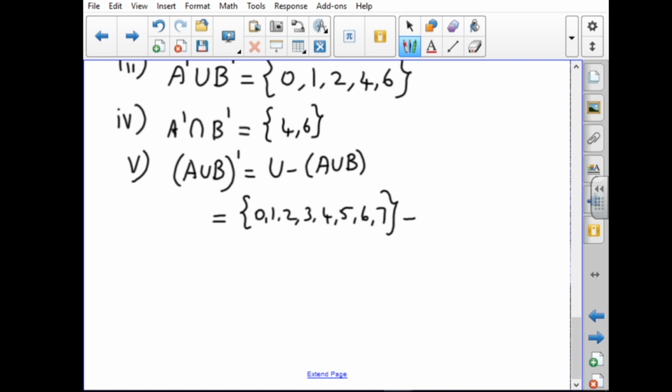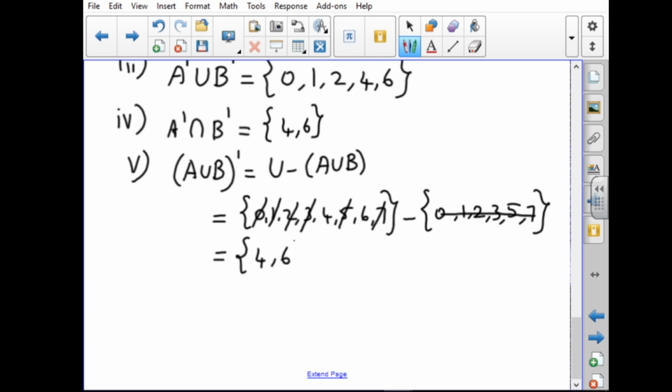Difference A union B. A union B is equal to 0, 1, 2, 3, 5, 7. Union means join A and B together. Except the elements 0, 1, 2, 3, 5 and 7, what are the remaining elements? 4 and 6. This is the value of A union B whole dash.